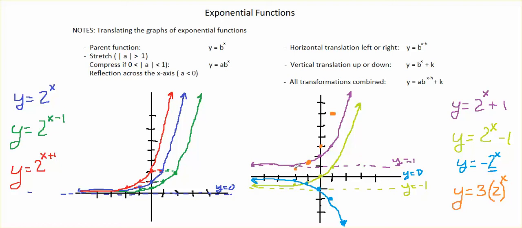And if we stick in -3, we get 1/2 cubed is 1/8 times 3 is less than a half. And now we're starting to approach our x-axis again. And our graph is going to look like this. It has a steeper curve, and it's stretched by 3.